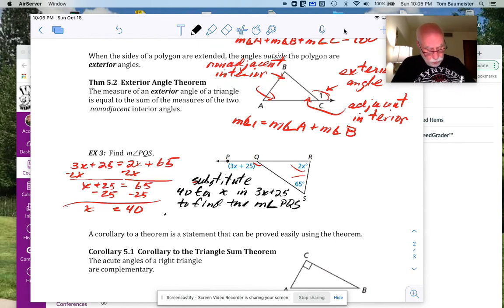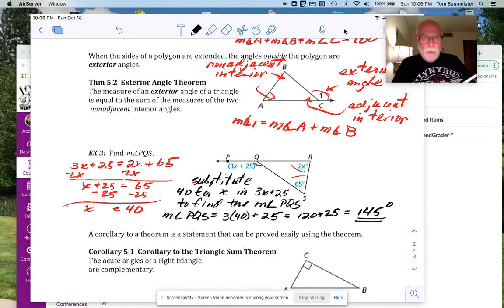So I'll say that the measure of angle PQS is equal to 3 times 40 plus 25, which is equal to 120 plus 25, which is equal to 145 degrees. And remember, we can't always base it on what we see, but we should notice that that is an obtuse angle, right? So we should be okay saying that, okay?